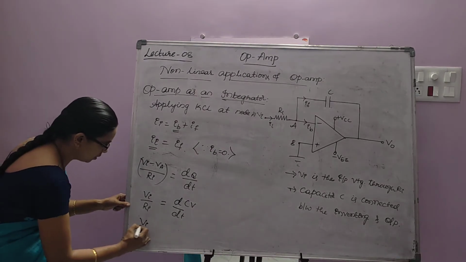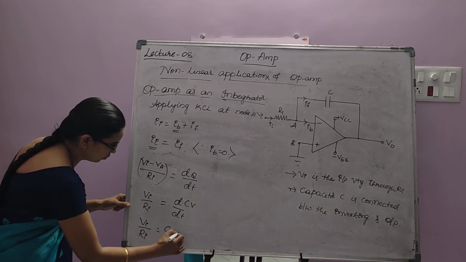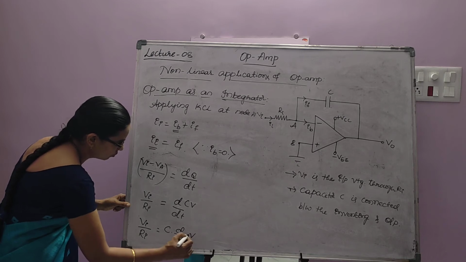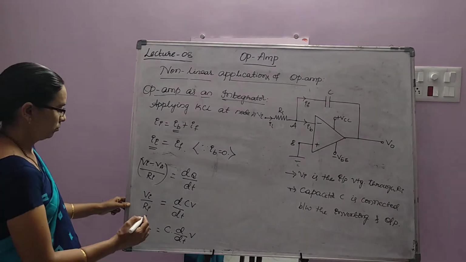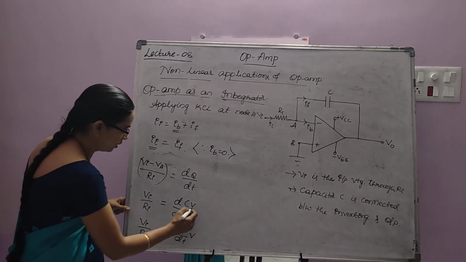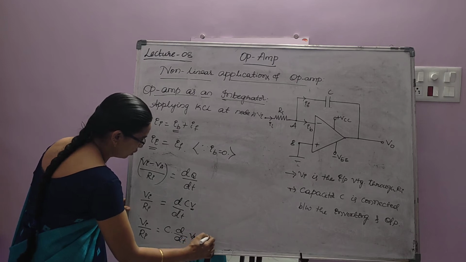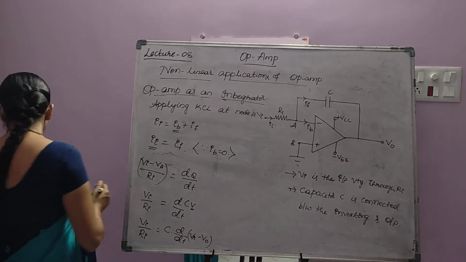So Vi by Ri is equal to C into d by dt of V, and this V can be written as VA minus V naught, the voltage across the capacitor.